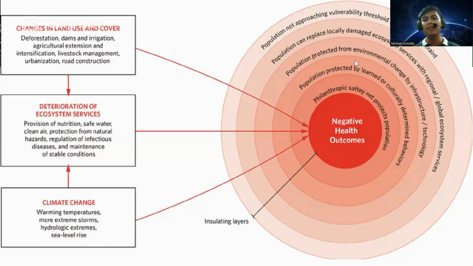Next, we have different technology. So the third layer is the different technology and infrastructure that can battle negative health outcomes. All of our technologies that would fight negative health outcomes count in this third layer. Next is the population can replace locally damaged ecosystem services with regional or global ecosystem services.